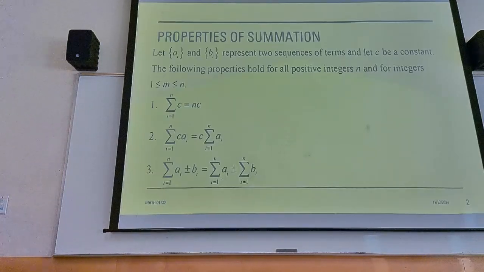The summation i equals 1 to n of a sub i plus or minus b sub i is the summation of a sub i plus or minus the summation of b sub i. The commutative and associative properties.